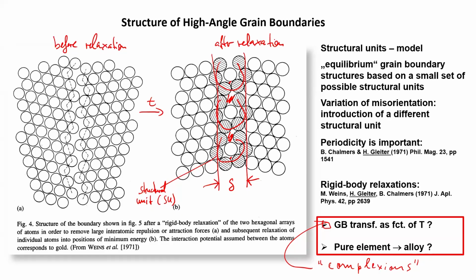These phases will only exist in the grain boundary plane as long as the grain boundary is there. So we're not talking about complete equilibrium, because in complete equilibrium, grain boundaries are not existing. But these complexions then are not included in the structural units model, because this model relies only on a geometrical description based on misorientation and inclination of the boundary.